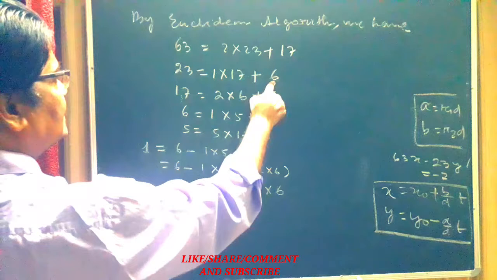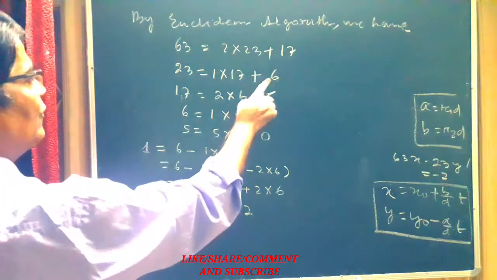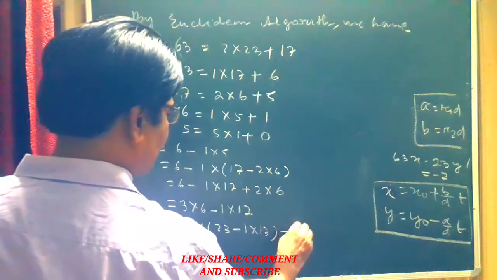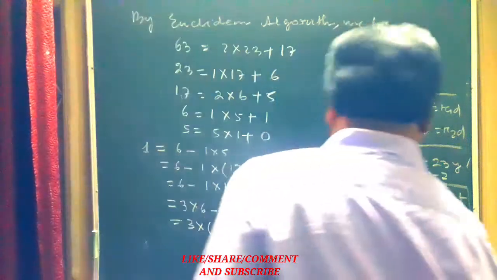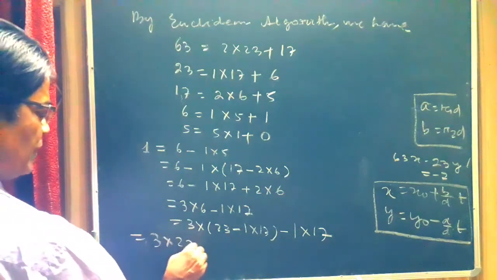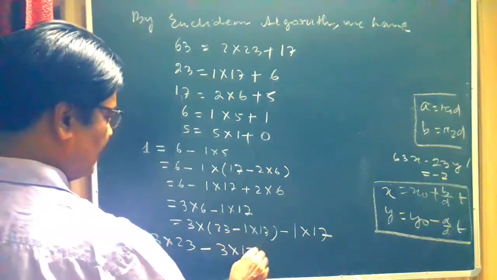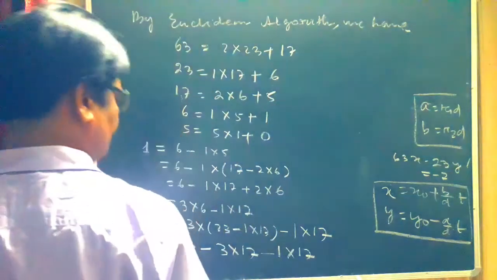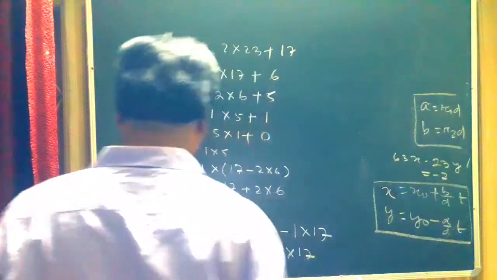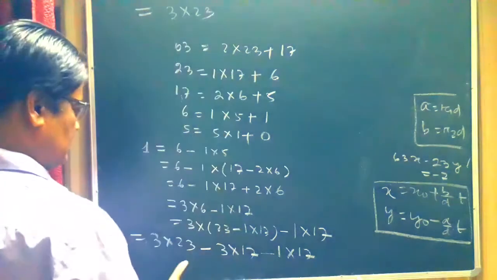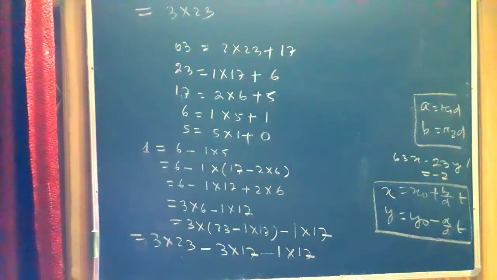Now this 6 can be written as 23 - 1 x 17, so this is 3 x 23 - 3 x 17 - 1 x 17, which is equal to 3 x 23 - 4 x 17.